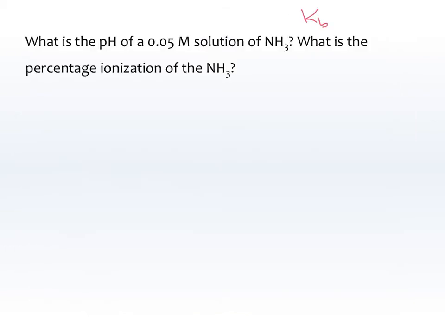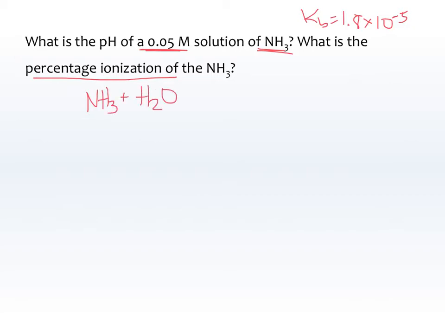Kb is 1.8 times 10 to the negative 5. So, what is the pH of a 0.05 molar solution of NH3, and what is the percentage ionization of NH3? So, NH3 and water. We just saw on that chart that NH3 is a base.